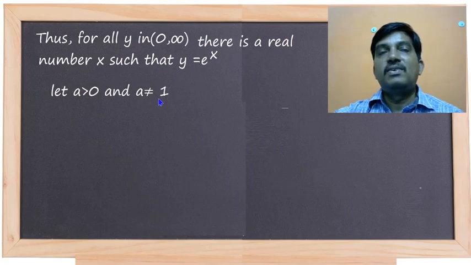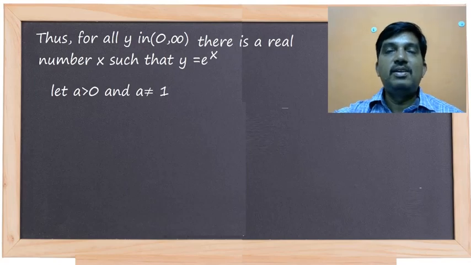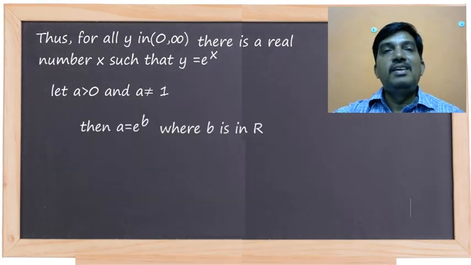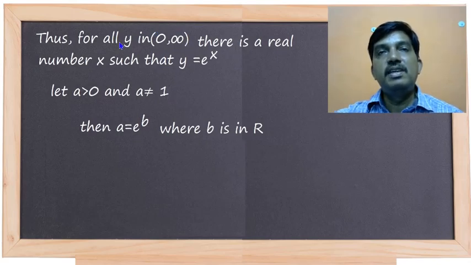That's why for all x it maps to 1 only, and then the function will not become one-one. So if a is a positive real number and not equal to 1, let a be equal to e power b, where b is in R, because you know that for all the elements in this range there is a b in the domain such that a is equal to e power b.